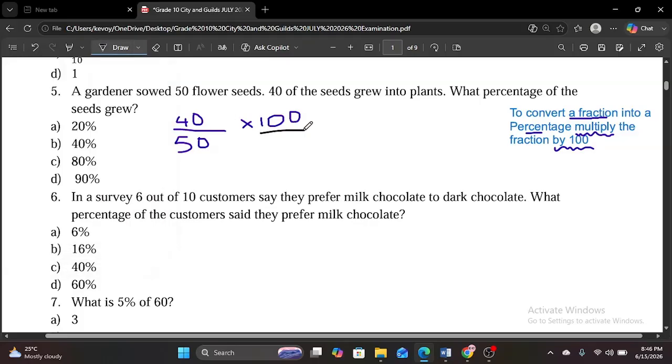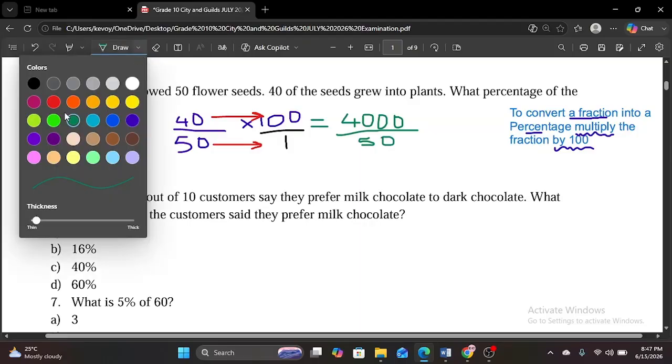So I'm gonna have 100 over 1. And we multiply numerator times numerator and denominator times denominator. So this now is gonna be equal to 4,000 all over 50 times 1, that's gonna be 50.